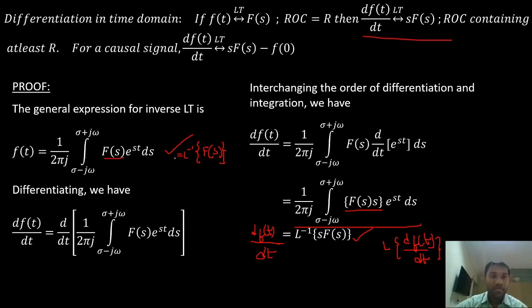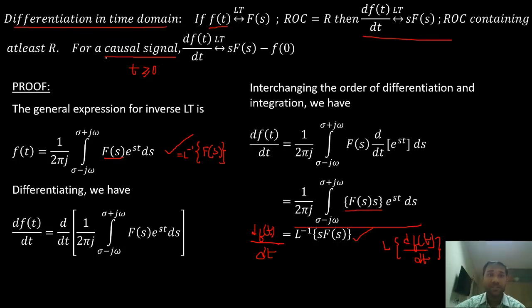Now, so far we have considered bilateral f of t. That means my f of t is defined for both negative values of t and positive values of t. So what happens if my signal is a causal signal? That means it is defined only for values of t greater than or equal to 0. How will my Laplace transform change if I differentiate in time domain?